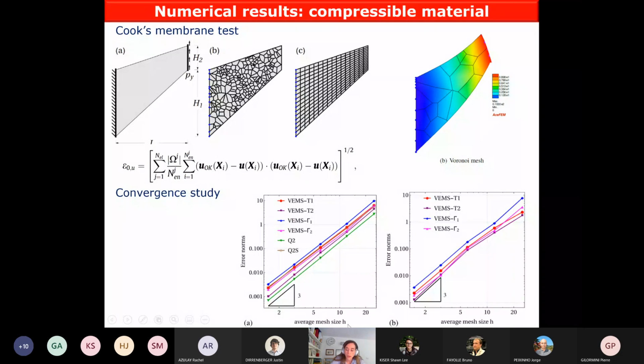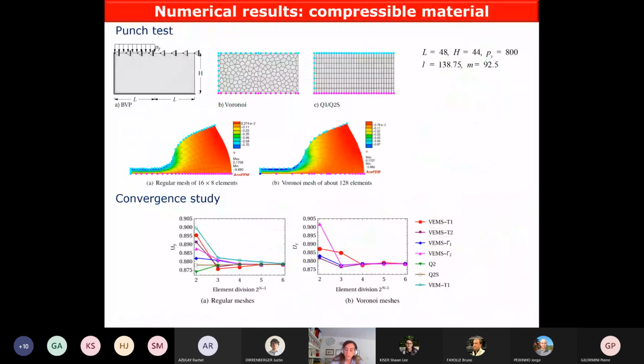We expect to have as optimal convergence rate a value of 3 in case of second order element, and this is the case. So these results confirm the optimal convergence rate of the proposed approach.